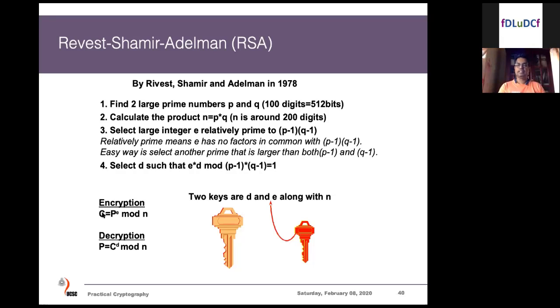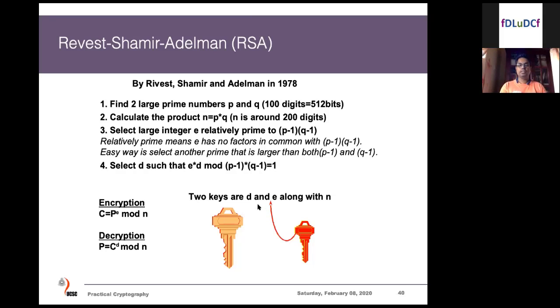Then how do you get the plaintext? The decryption algorithm says ciphertext to the power of the private key D, modulo N. We get the ciphertext, and ciphertext to the power of D modulo N gives back P. That's what they proved: if we can find such E and D, these two equations are correct.